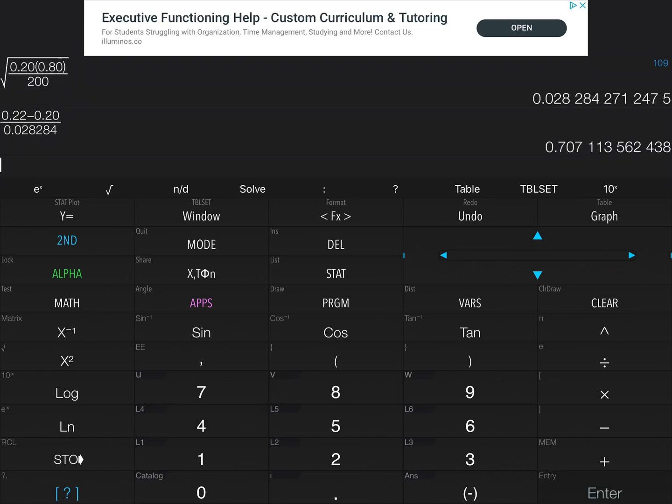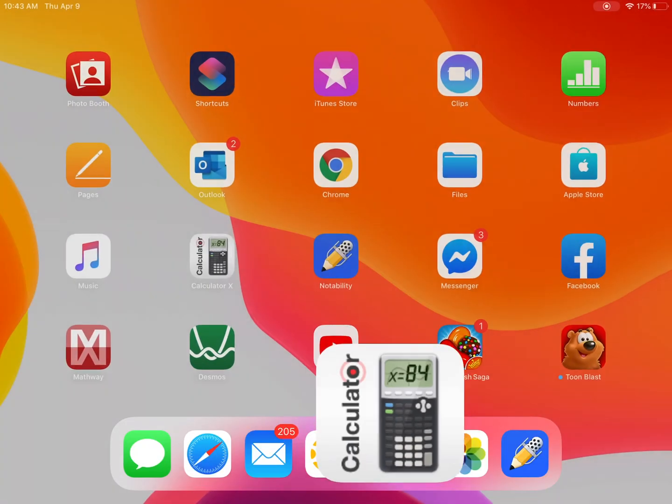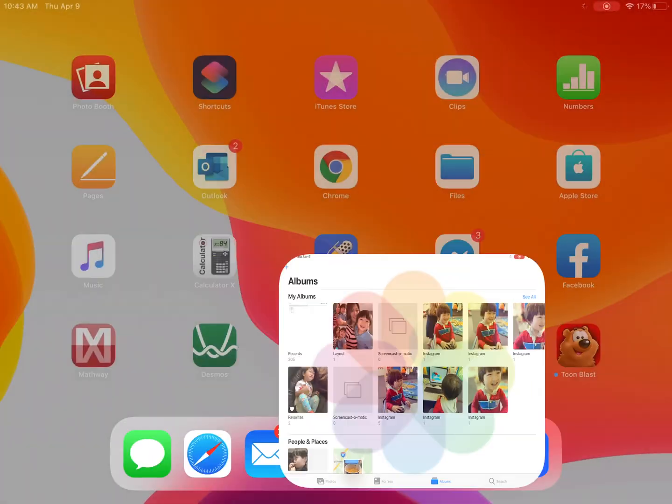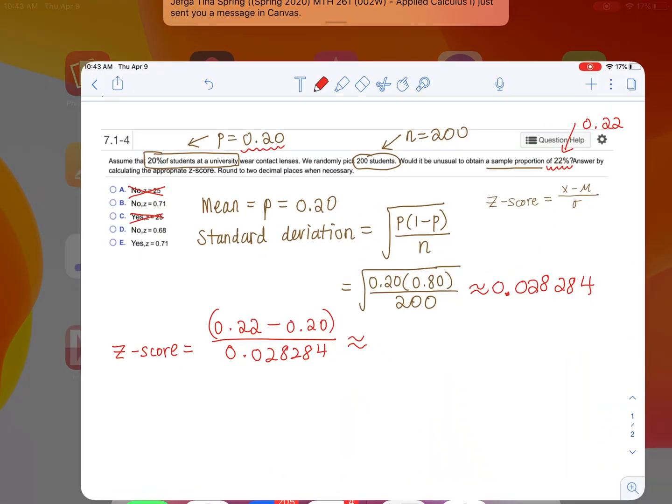That's probably enough. Hit enter. We got the z-score now. The z-score is approximately 0.707. Okay, so I'm gonna round it to 0.71.